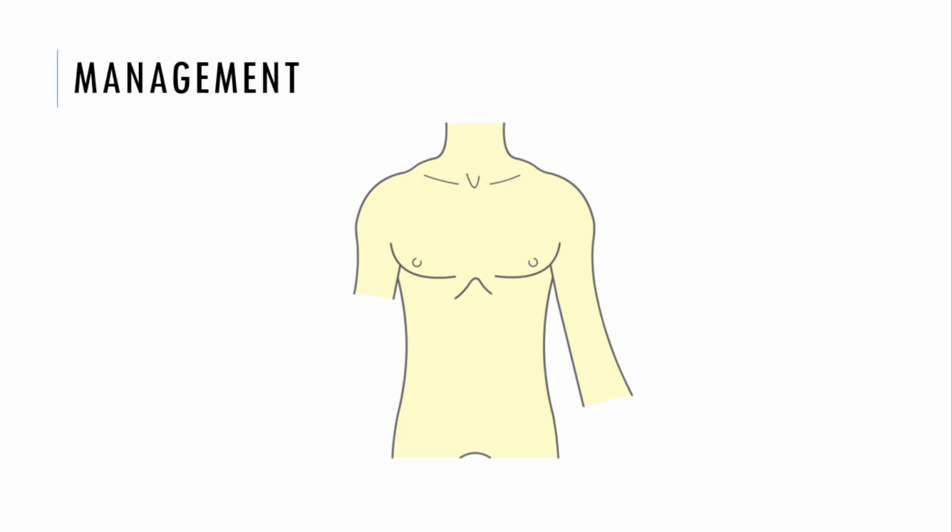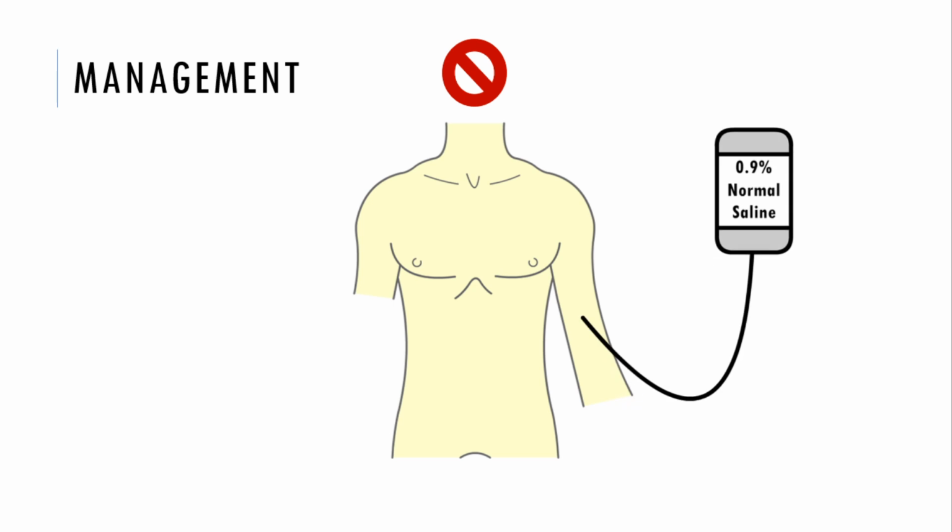The management, we tend to keep patients nil by mouth at least for a very short period of time. You need to realize that all these patients need aggressive fluid resuscitation. If they can tolerate oral fluid, that's great. If not, we need to support them with intravenous fluids.